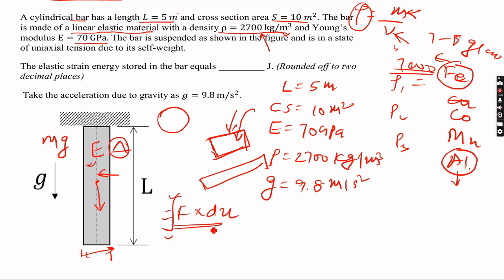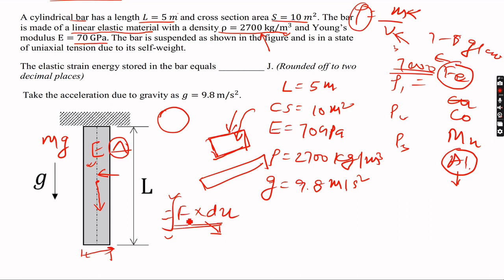The concept is the same everywhere, in strength of materials, machine design, engineering mechanics. What is work done? Force into displacement. Here also it will be work done, in terms of stress and strain.